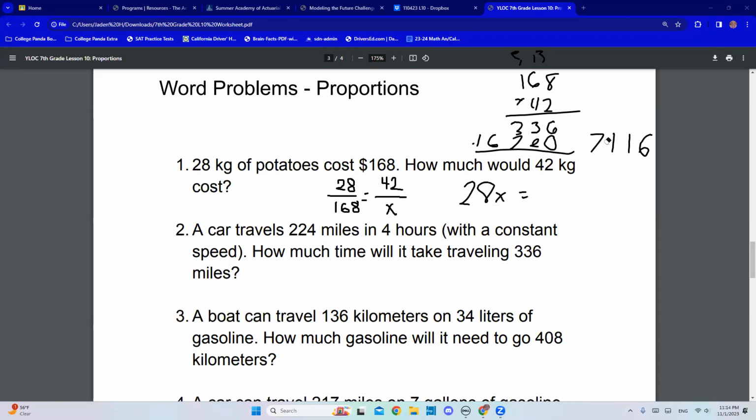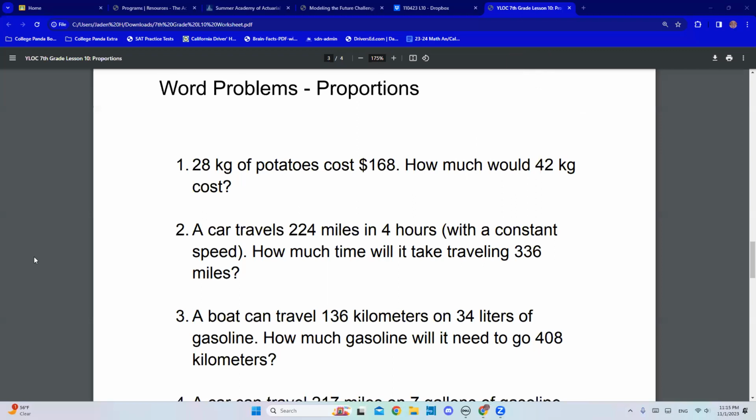Well, I think I might have made a miscalculation. Oh yeah, sorry, that's not an 8, that is a 2. Okay, so your final answer should be 7,056. All right, and then we divide both sides by 28. And you should be left with x equals 252, which means the 42 kg of potatoes will cost $252.